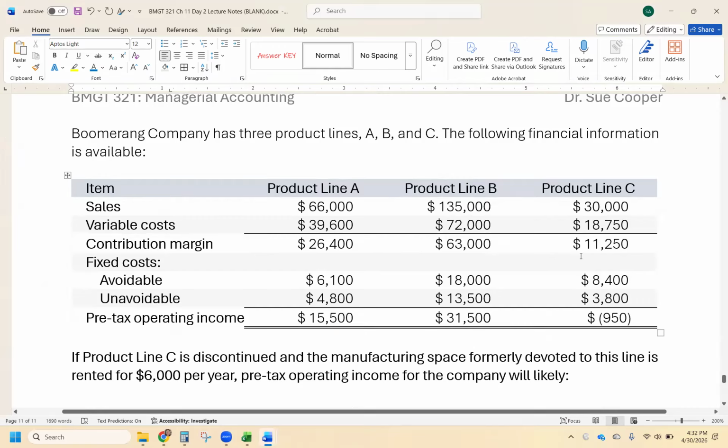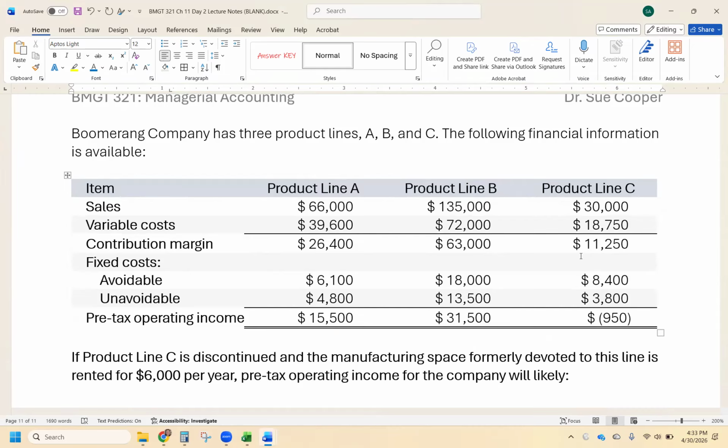Okay, here's another one. Boomerang Company has 3 products, A, B, and C. The following information is available. C is negative 950. If product line C is discontinued and the manufacturing space formerly devoted to this line is rented for $6,000 per year, operating income for the company will likely, okay, you take a look at that and tell me what you think.